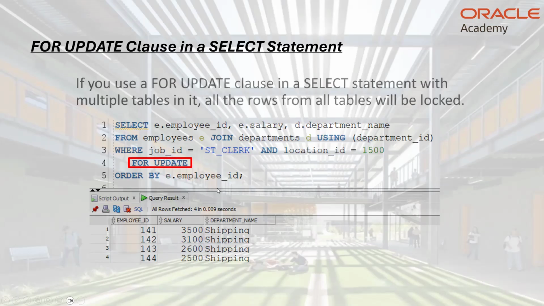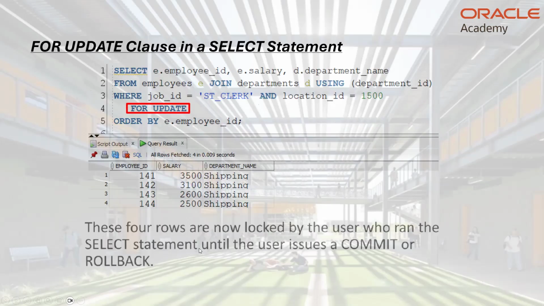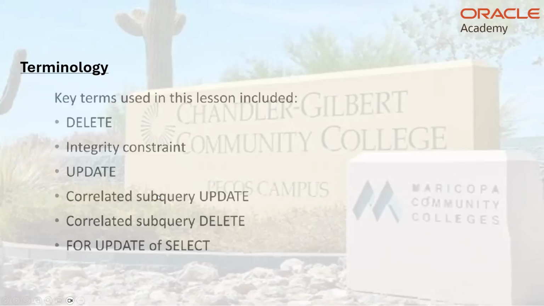All right. So these 4 rows are locked by the user who ran the select statement until the user issues a commit. We will cover commit and rollbacks in one of our sections, either today or next week.